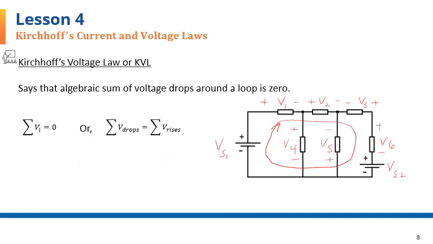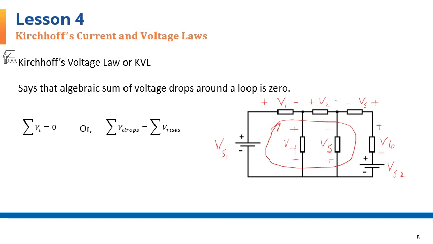As in the case of the KCL, there is another way of expressing this law, the KVL, which is equivalent to the first statement on the previous slide. This second way of stating it says that in going around the loop, the sum of voltage drops equals the sum of all voltage rises.